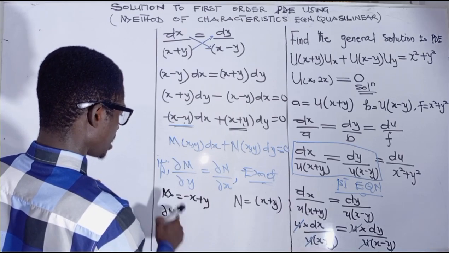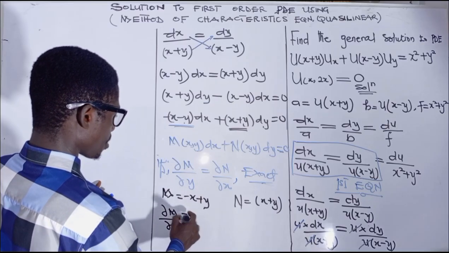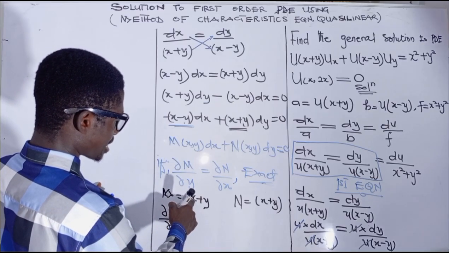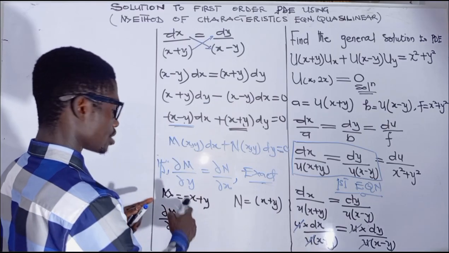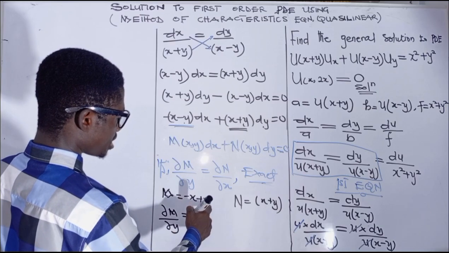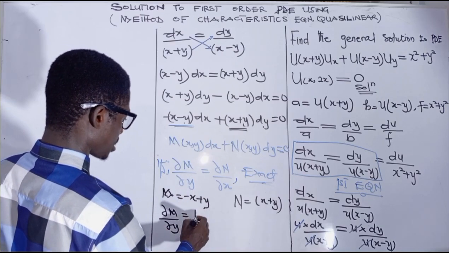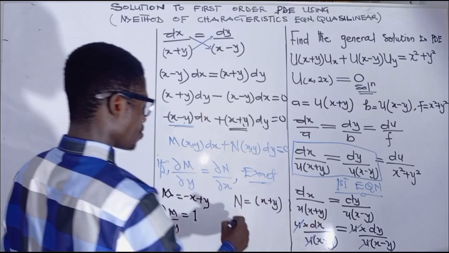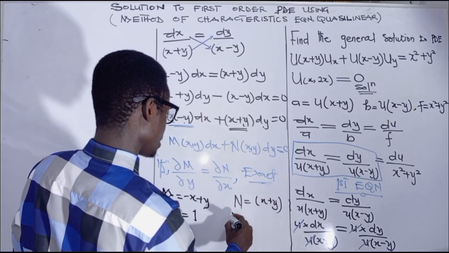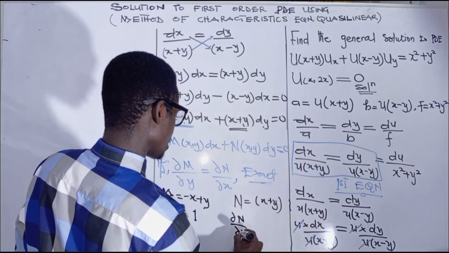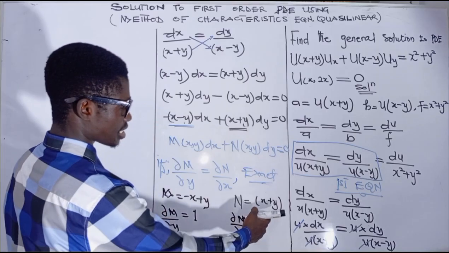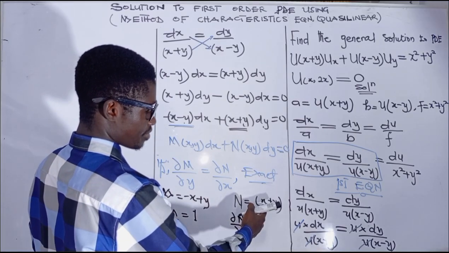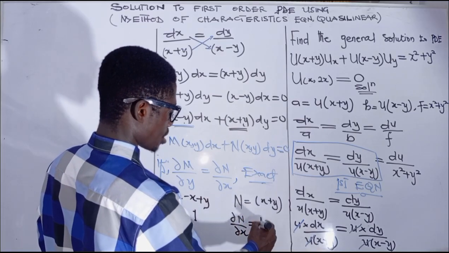So we are going to have del M del y. We are differentiating this with respect to y. So when we are differentiating minus x with respect to y, it becomes a constant. So this will give us 0. And then when we differentiate y with respect to y, we get 1. Then we move on to del N del x. We are differentiating this function with respect to x. When we differentiate x with respect to x, we get 1.